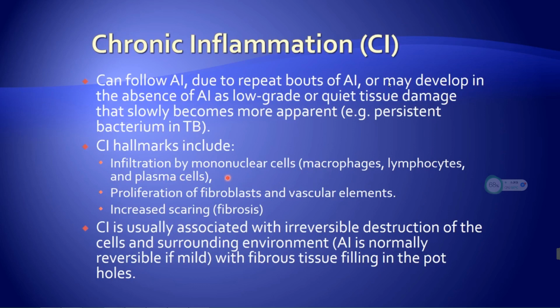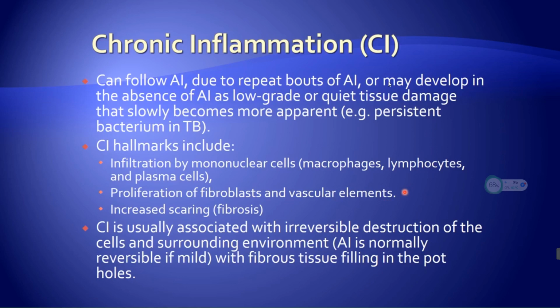Not only that, but another hallmark includes the proliferation of fibroblasts and vascular elements. Well, what does this mean to you? We took this a little while ago. If you're thinking granulation tissue, you are correct. In fact, when we're looking at chronic inflammation, we have immunology and repair.